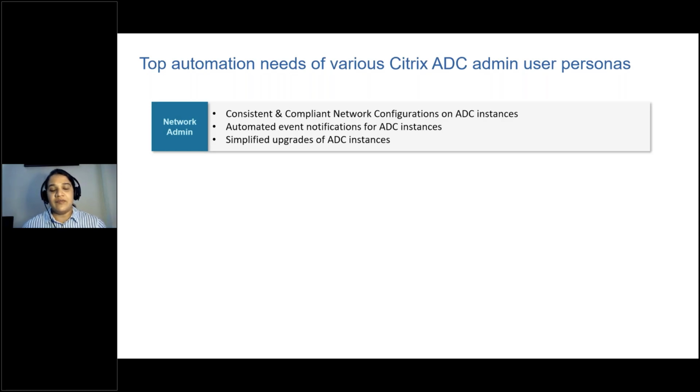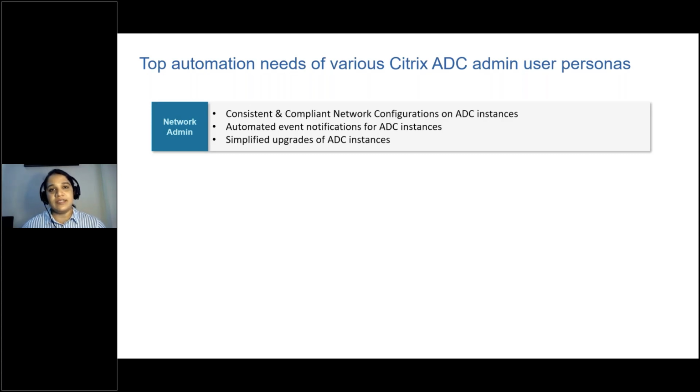Having automated event notifications will help them get quick updates if anything has gone wrong or if anything needs their attention. When I speak about events, I mean typically anything which is happening on the Citrix ADC instances. And different admins like to get notifications via different channels.